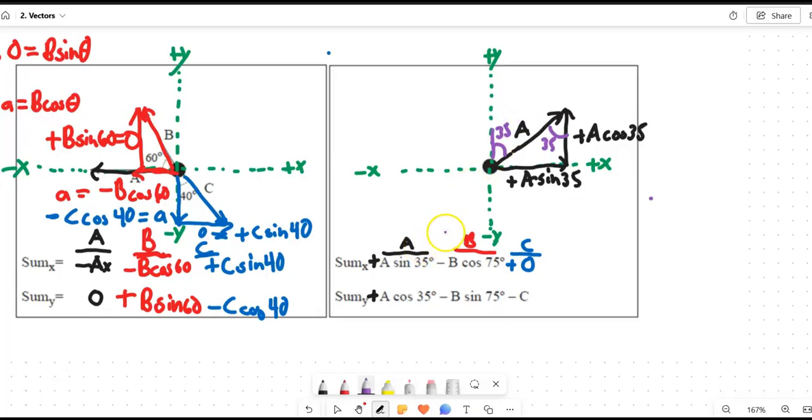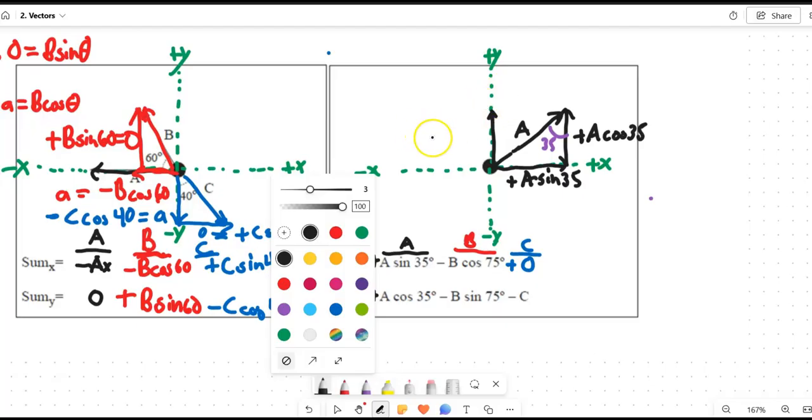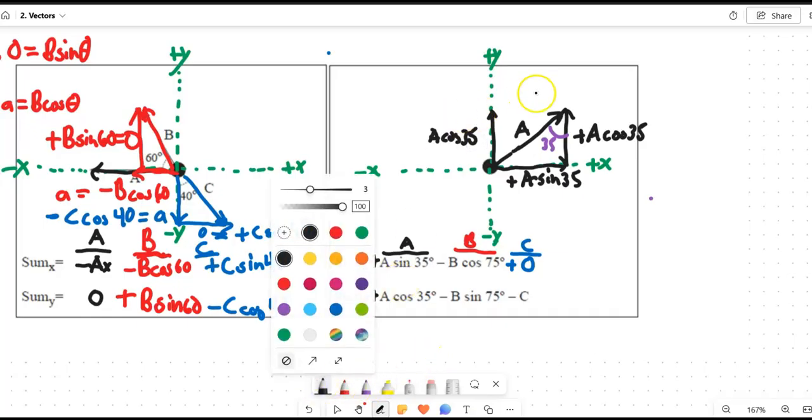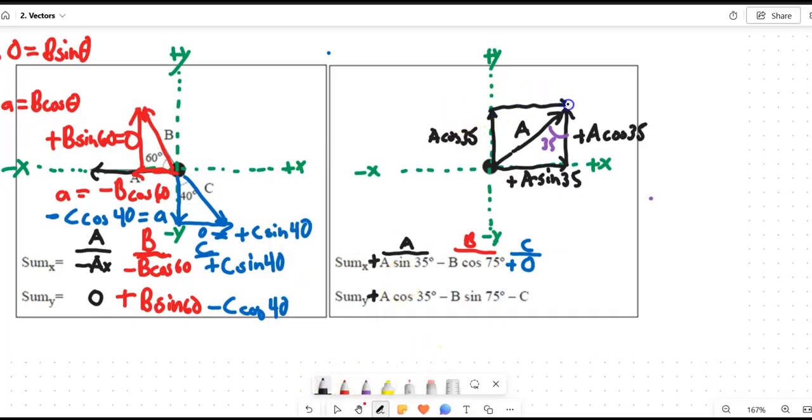Because if we started with the y direction part, this side would have been our beginning part, which would be a cosine of 35 degrees. And then this would be the horizontal, a sine of 35 degrees.